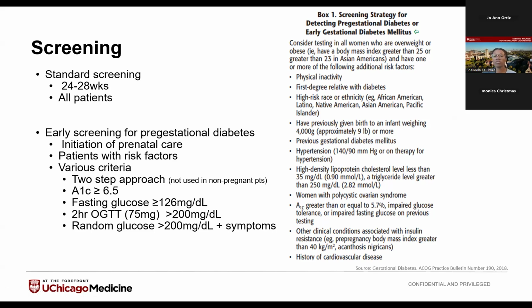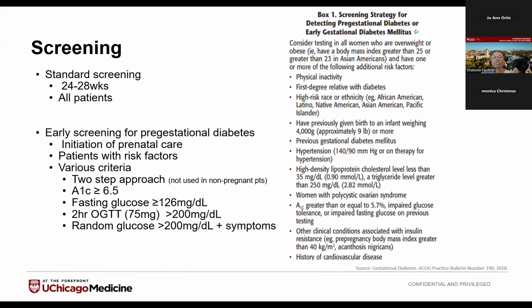And so you want to think about screening patients with an elevated BMI plus any of these other factors. So decreased physical activity, first-degree relatives with diabetes, if they fall into any of the higher risk ethnic groups, a prior baby that was above 4 kilos, any prior history of gestational diabetes, high blood pressure, elevated HDL.